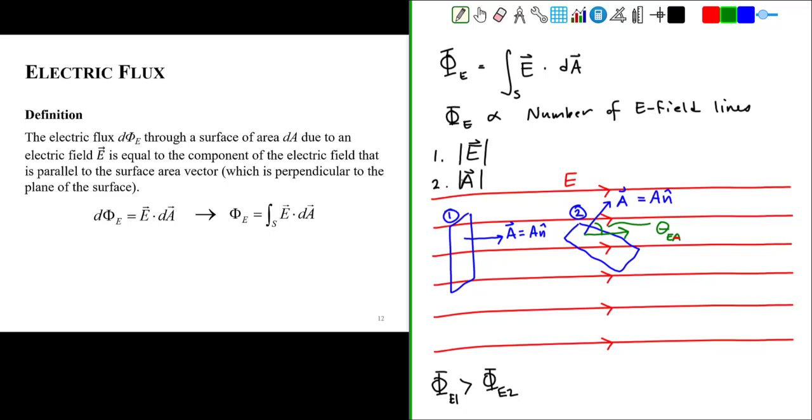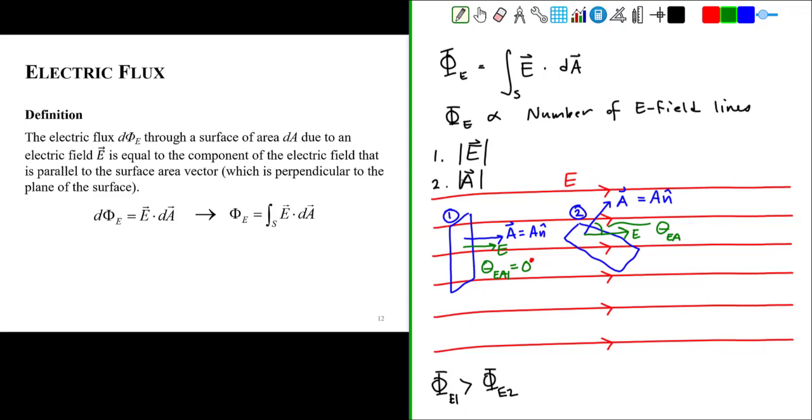Notice that there is a non-zero angle here, while in the first one, if I just draw my electric field vector right at a point on the surface, I will call that our electric field at that point. In this first situation, theta EA1 is 0 degrees.